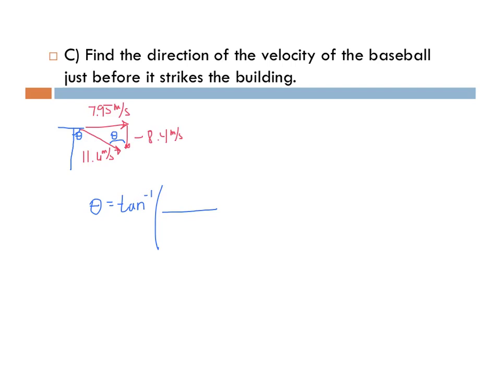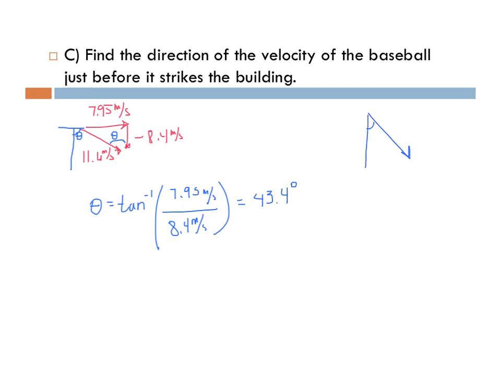So, inverse tangent is opposite over adjacent. Again, I'm using positive numbers here. And you should get a value of 43.4 degrees. Again, I know that's not my final answer because my vector is pointing out in this direction, so 43.4 wouldn't make sense.